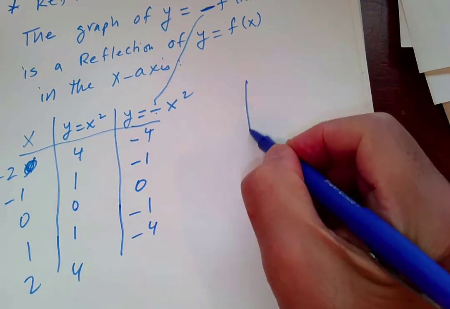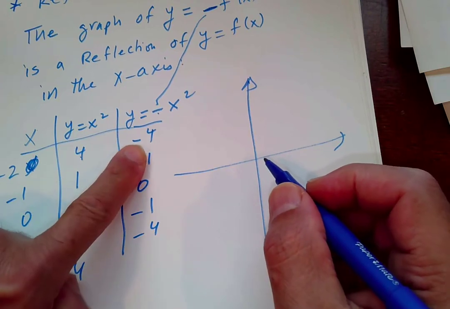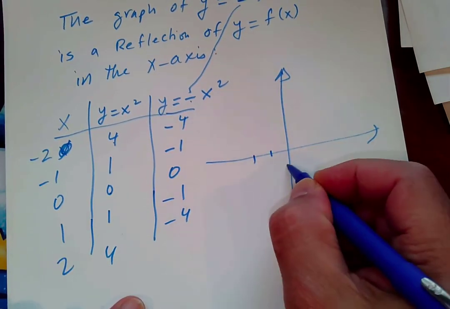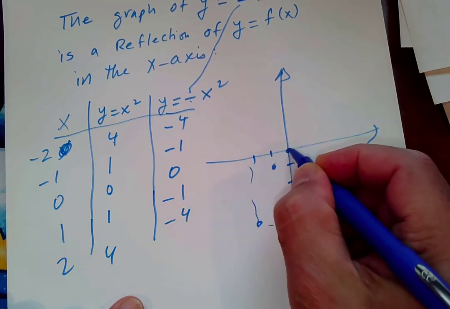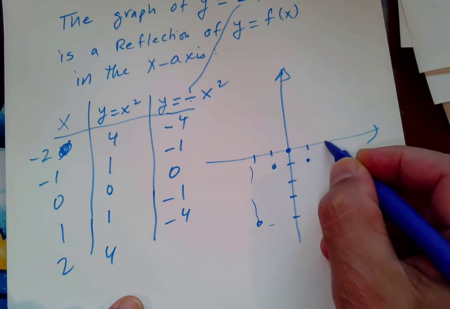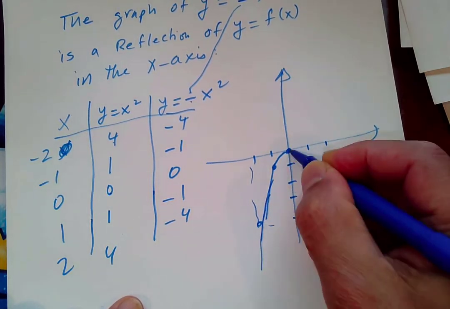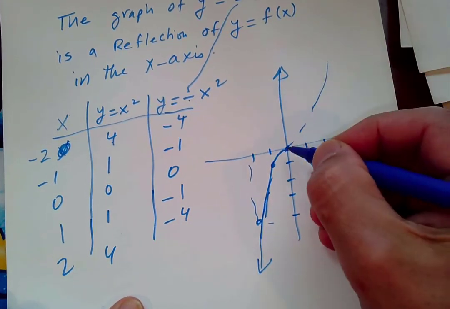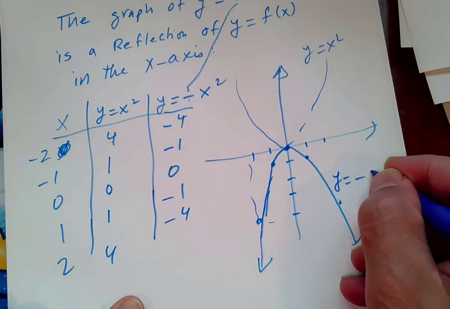So when you do the graph of negative x squared, it's going to be negative 2, negative 4, negative 1, negative 1, 0, 0, 1, negative 1, and then 2, negative 4. So it's like you took the basic graph and flipped it in the x-axis. Okay, this should have been the basic graph. So it's flipped in the x-axis.